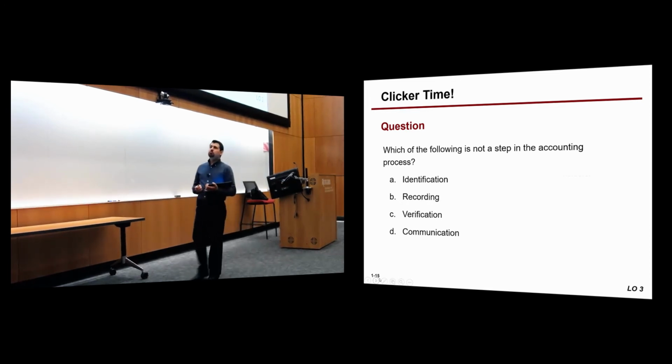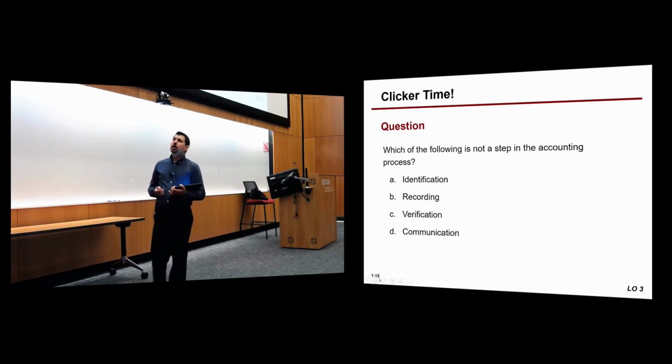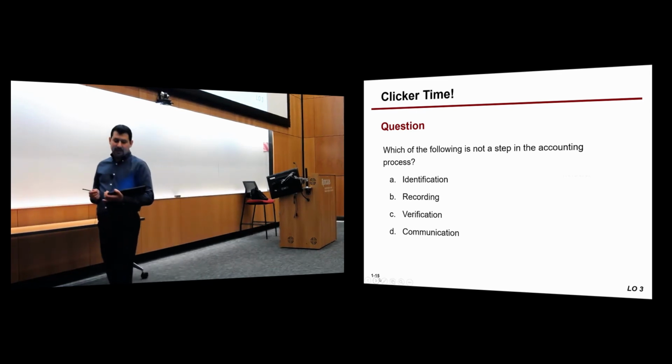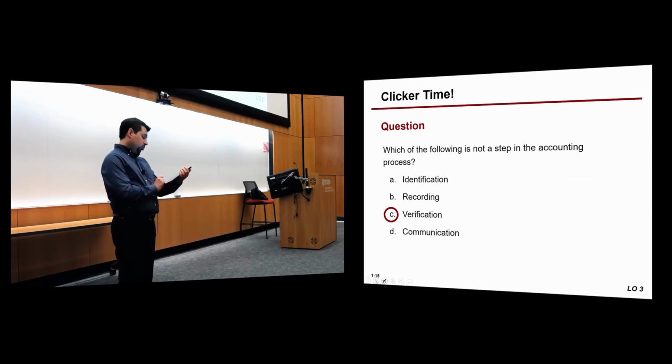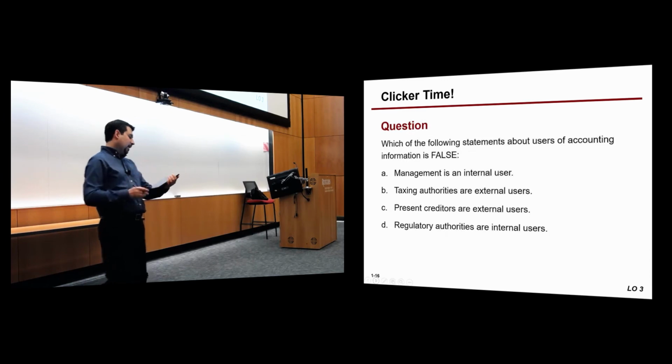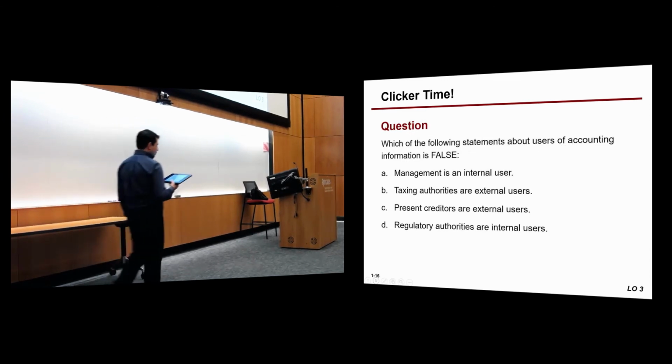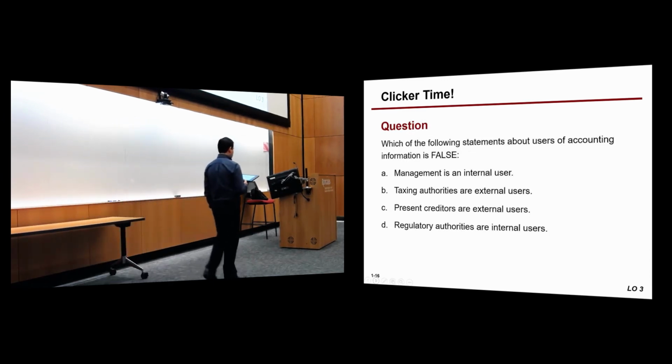So, question. Which of the following is not a step in accounting? Who's with A? B? C? Nice, so you were listening, you were not sleeping. You were so quiet that I thought at a certain point you were sleeping. That was a joke, you were supposed to laugh. That's better. Which of the following statements about users of accounting information is false?